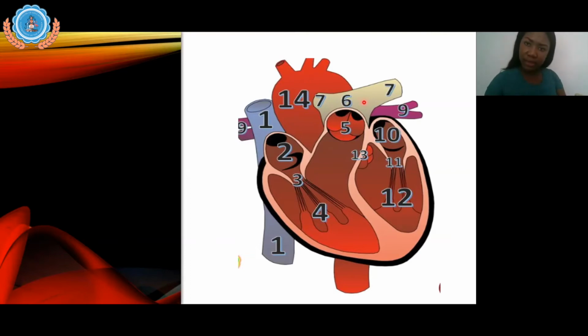I don't see a number 8. Number 9 would be the pulmonary vein. Number 10 would be the left aorta. Number 11 would be the bicuspid valve, or the mitral valve. As we see again, it has 2 tendons. 2 means bi. Number 12 would be the left ventricle. Number 13 would be the aortic valve. And number 14 would be the aorta.